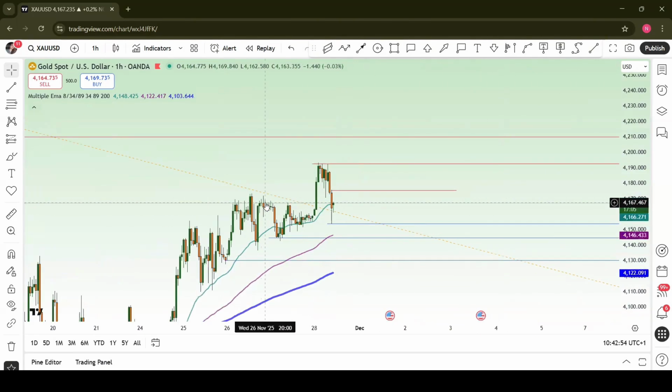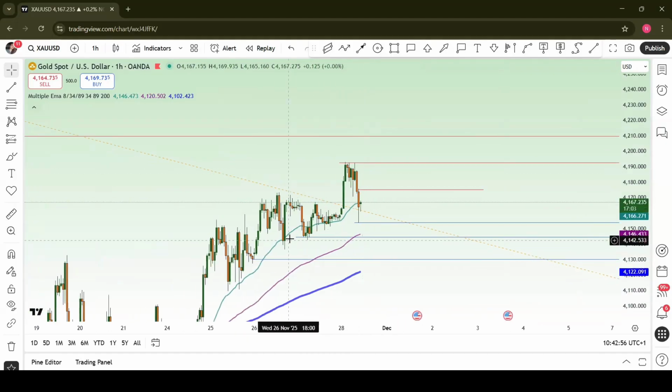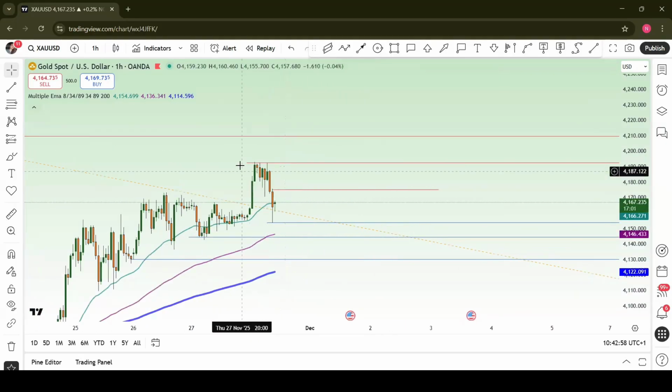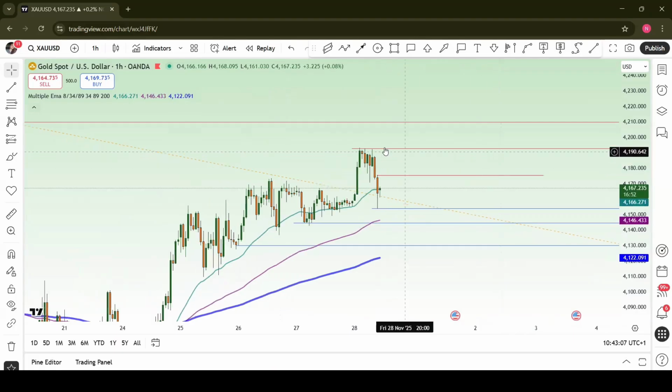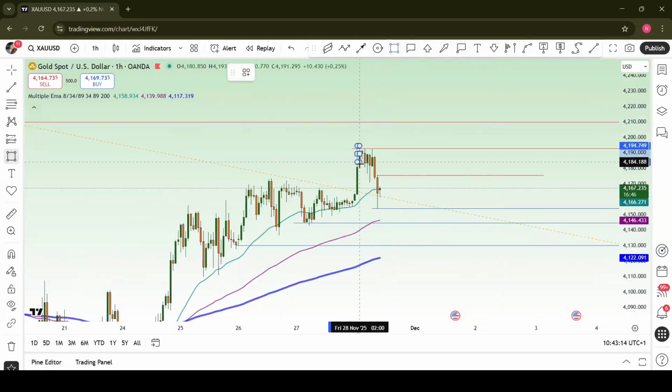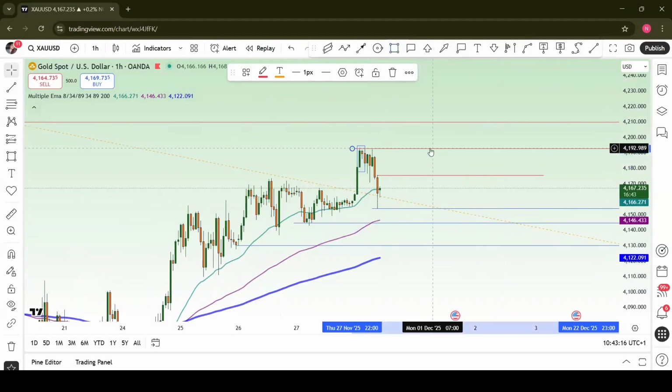After identifying the resistance and support zone at those areas, we look for the very familiar candlestick patterns. Like this one: this is the resistance zone, and you can see it is a bearish Harami candlestick pattern, right?